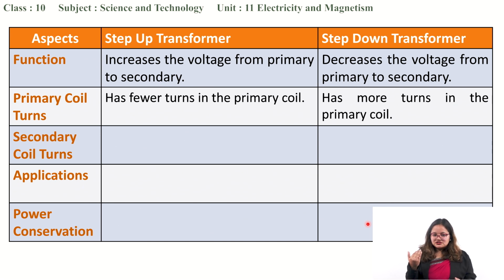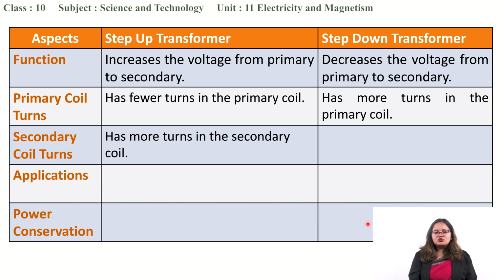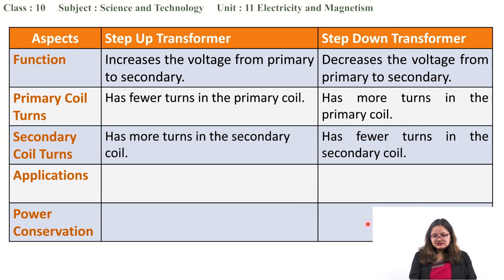So step up transformer obviously has more number of turns in the secondary coil, whereas step down transformer has fewer turns in the secondary coil, because step down transformer is here to decrease the voltage, right? So to decrease the voltage, we do not need many turns. Comparatively, it should have fewer turns than the primary coil.